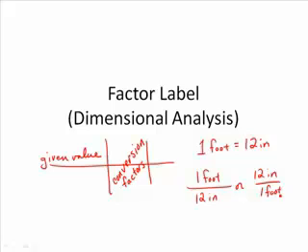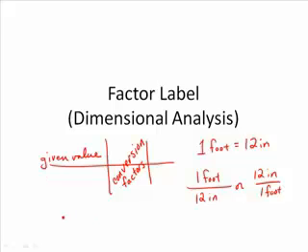In any case, the amounts on the top and the bottom of my conversion factor are equivalent values. And so that's the thing to keep in mind, that we're looking at equivalent values, and the way that we use them is going to be based on what the unit is of the thing that we're starting with.